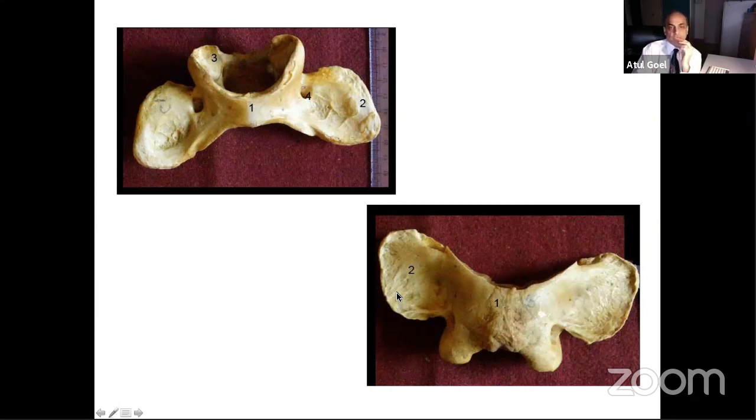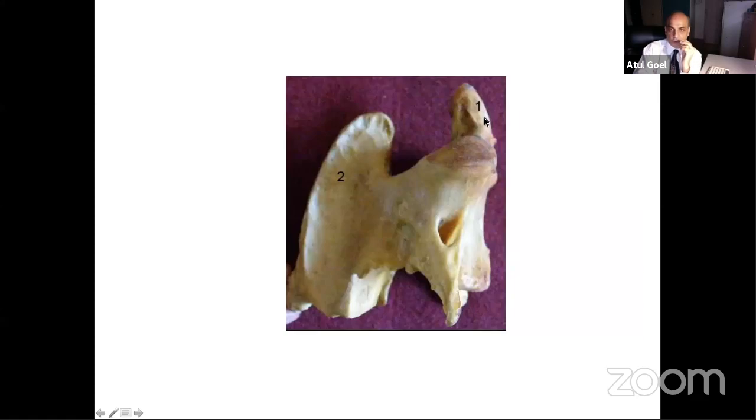More importantly, I am showing you the odontoid process. This is a signature odontoid process of a carnivorous animal. You see the large spinous process giving attachment to very strong muscles. This is the vertebral artery groove and a relatively small articular surface for C1.